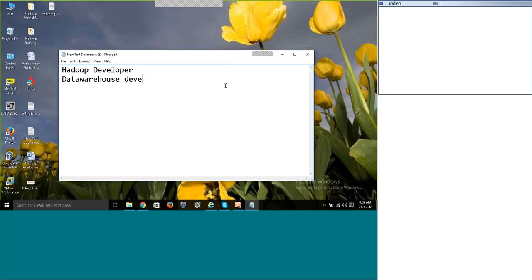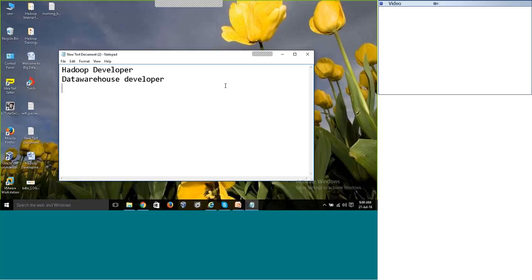Okay, data warehouse developer. If you have some data warehouse knowledge and some SQL knowledge, any databases like Oracle, MySQL, Microsoft SQL Server, or PostgreSQL, you can use that knowledge on the Hadoop framework, because Hadoop has different ecosystems like Hive, Impala, Apache Drill, which implement RDBMS concepts.